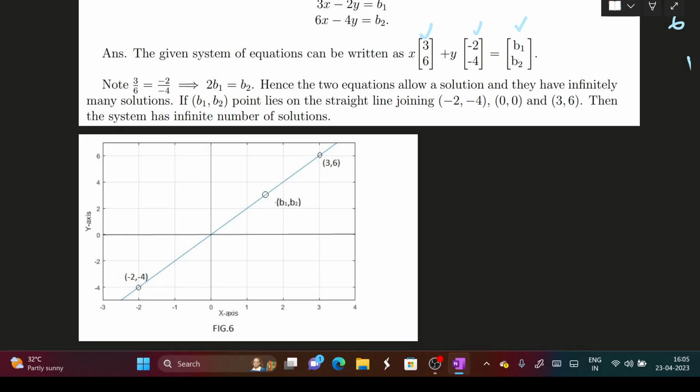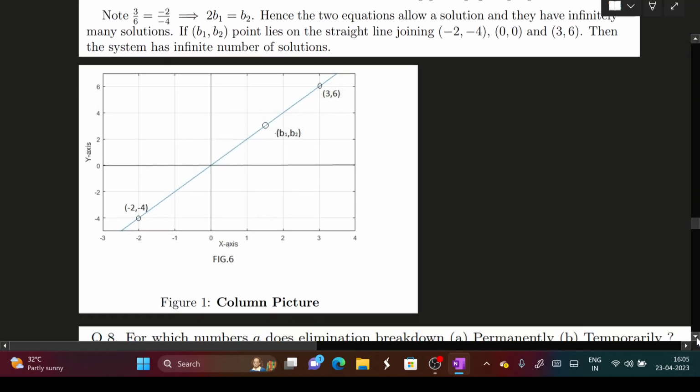Here if the point b1, b2, an arbitrary point we have taken, lies on this straight line, meaning the relation b2 equals twice b1 is satisfied, then the system of equations has a solution. In that case, the number of solutions will be infinitely many. Every point on the straight line is a solution. Otherwise, it has no solutions.